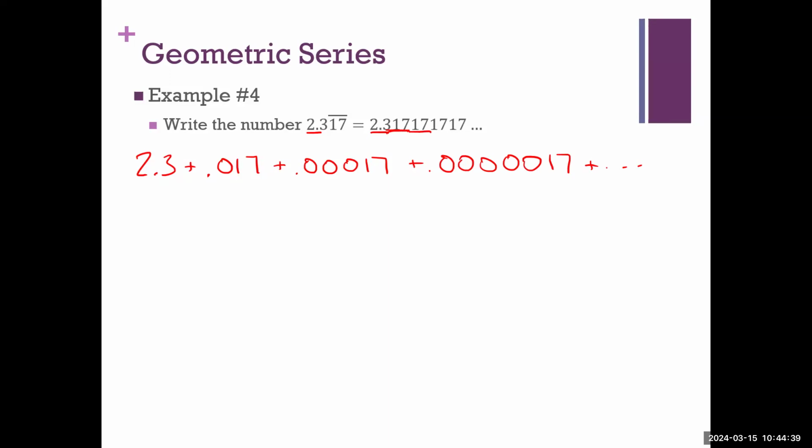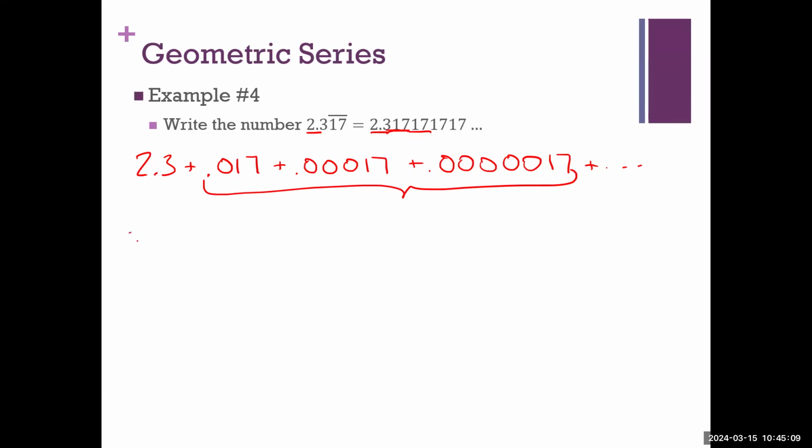Is this a geometric series? We have to be careful because the 2.3 sort of ruins it. So if we include the 2.3, it is not a geometric series. But how about the stuff that comes after? Are the rest of these terms going to be linked by some common ratio? They should be, right?